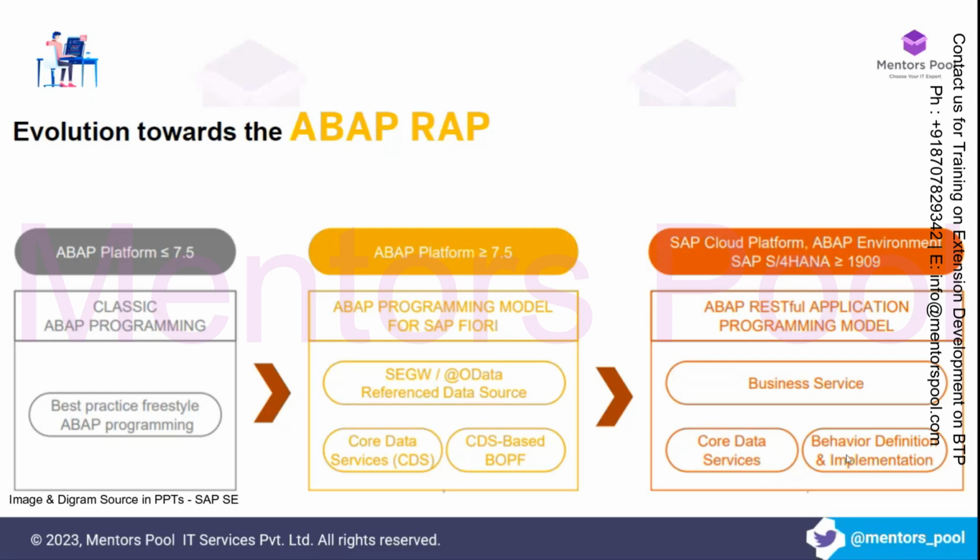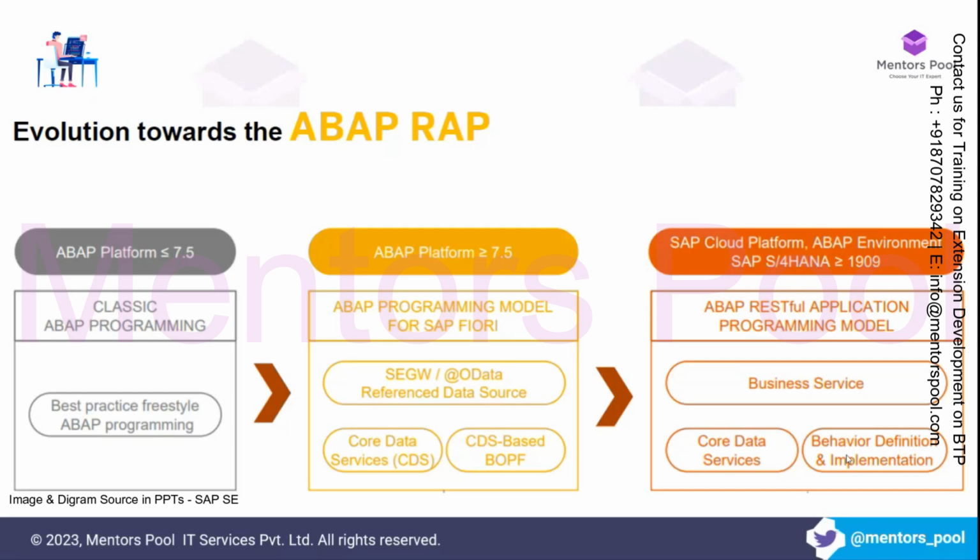And once we came to BOPF, CDS started picking up. There was also a time when we used to publish OData services using an annotation called @OData.publish. And we had a premature Fiori elements-based framework by then. And this was also before 7.5, until 7.5.